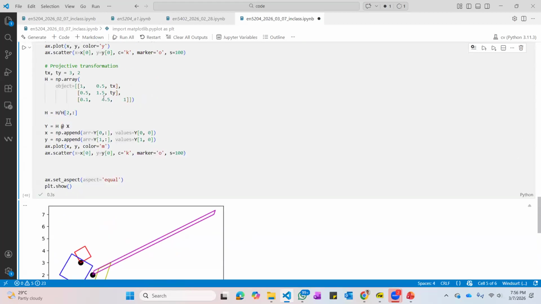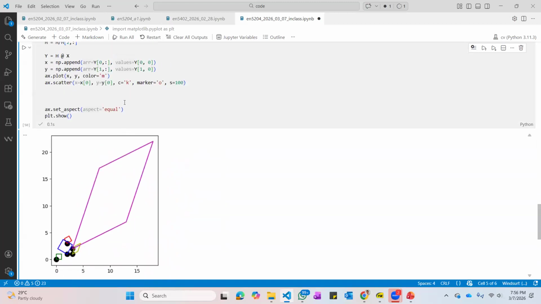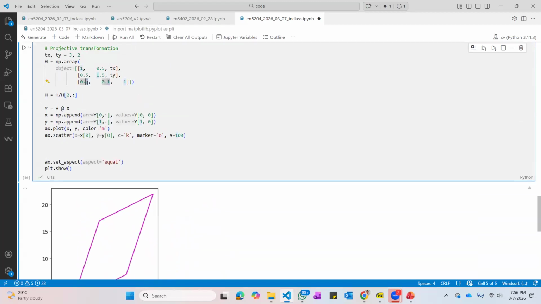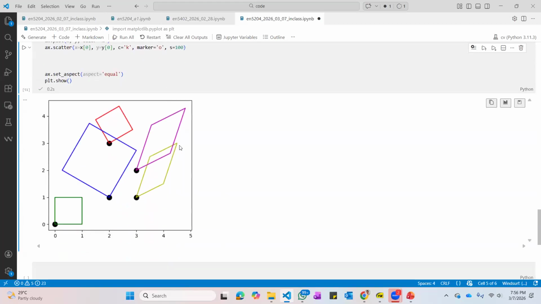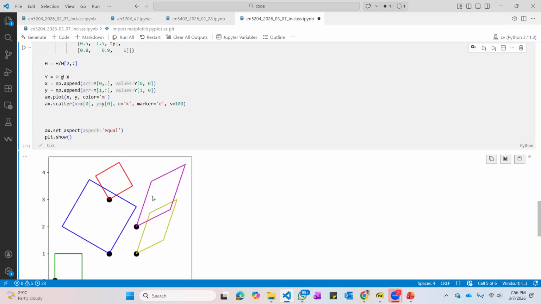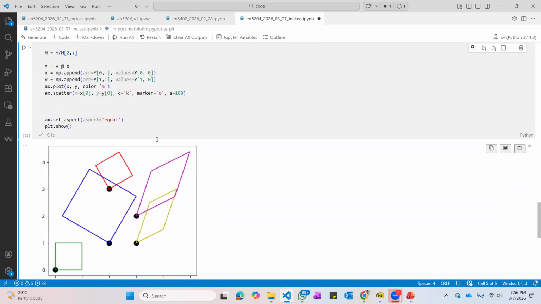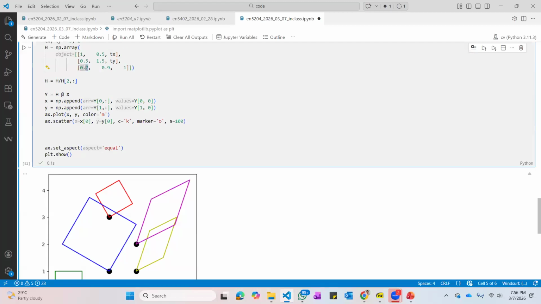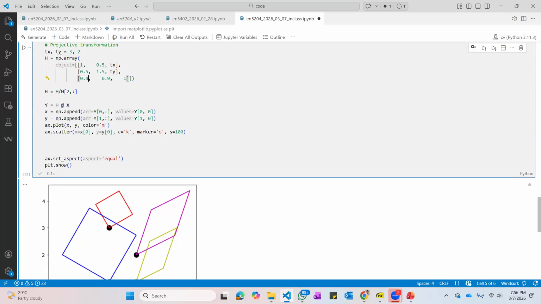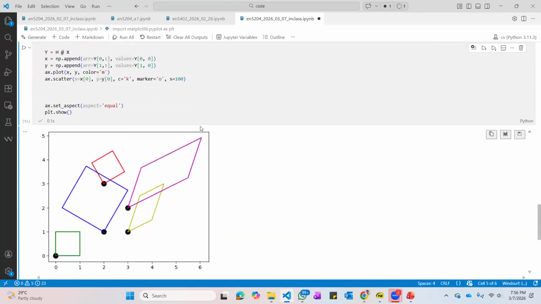Now you can see that it changes, right? It becomes a quadrangle. I think these numbers are too small. 8 and 9. It has become a quadrangle. No longer are the lines parallel. Line parallelism is gone.